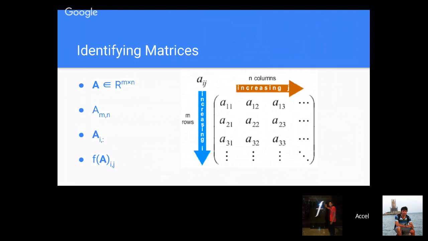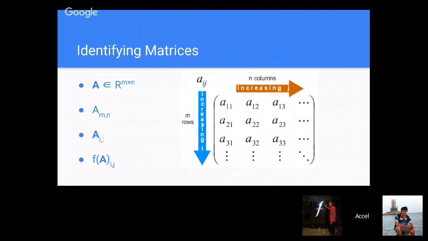And that is with a bold typeface A. The bottom right entry is represented as a non-bold, so a standard typeface A with an M and an N. So you know that that represents the one all the way at the bottom right. And then if you see something like a bold typeface A with an I and a colon, that denotes the horizontal cross-section of A with the vertical coordinate of I, also known as the ith row of A.